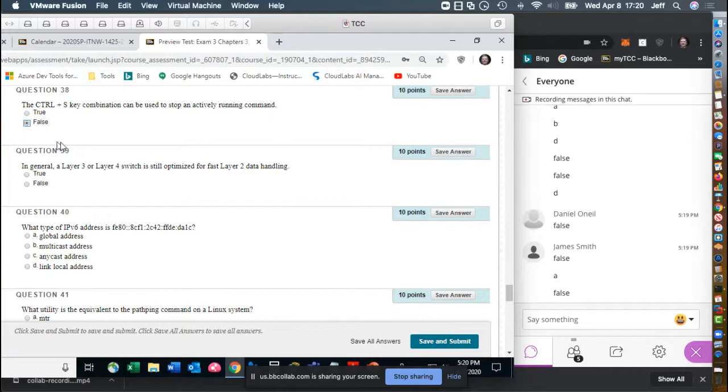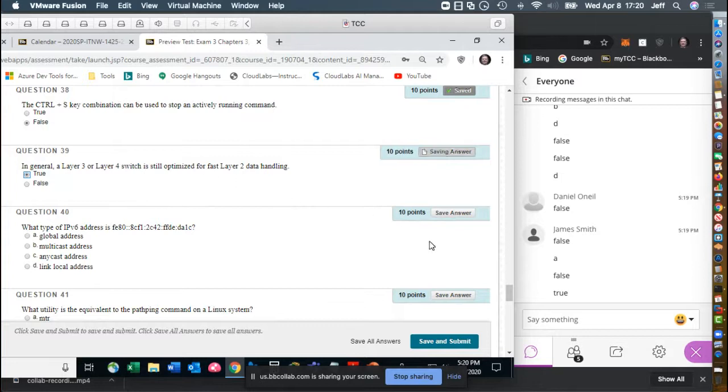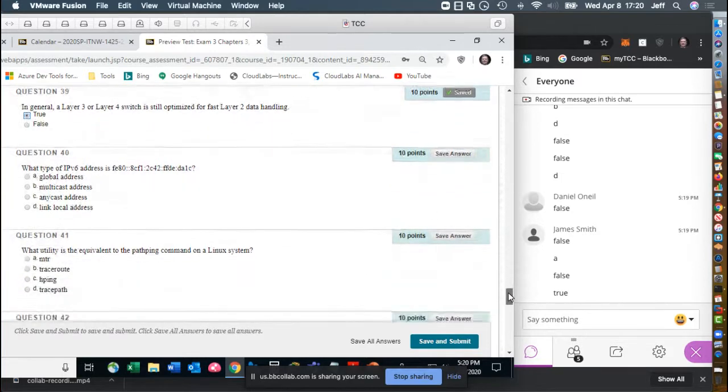False, right? It's Control C, right? Usually. In general, a layer 3 or layer 4 switch is still optimized for fast layer 2 data handling. True, right? It's still a switch, right? Because it just can do some routing functions.